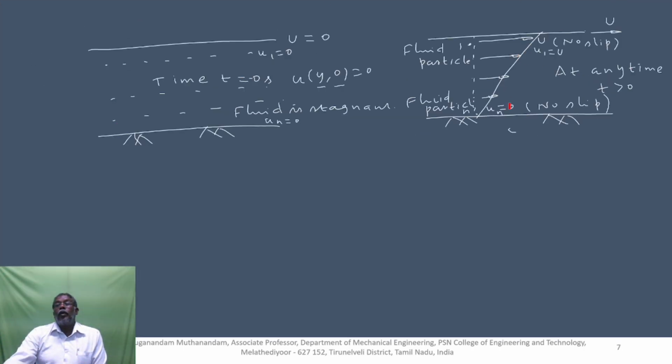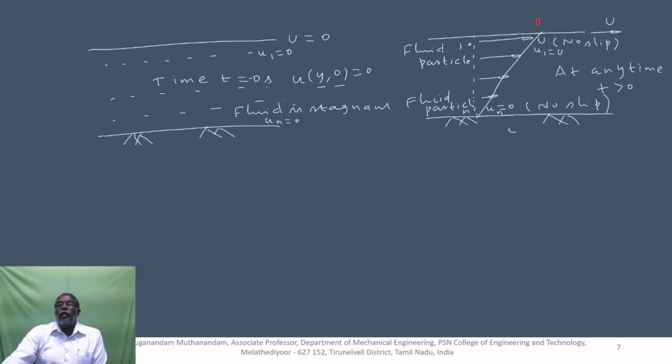And the variation of the velocity u, here you see the velocity component u is 0 at the bottom plate, and is maximum, equal to the velocity of the top plate, uppercase U, at the top plate location. There is a variation in the velocity.